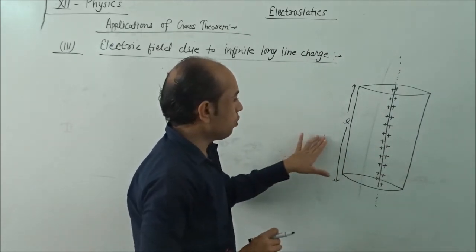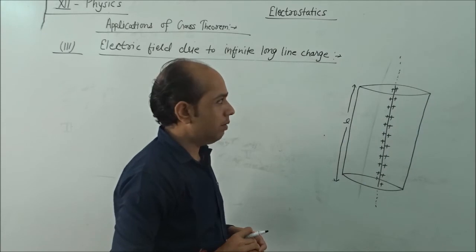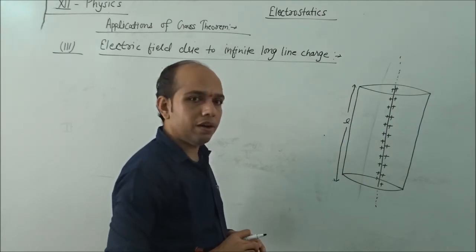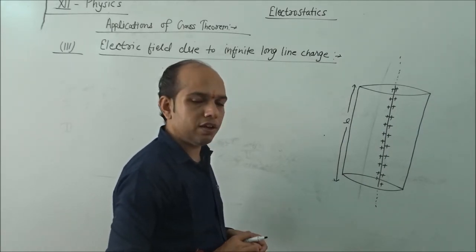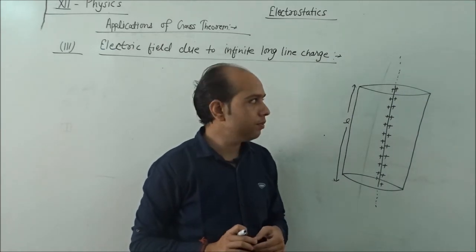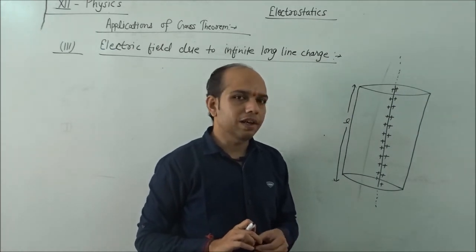Now in order to calculate electric field E, we require either the charge, as per phi equals q upon epsilon naught, or the electric field E.